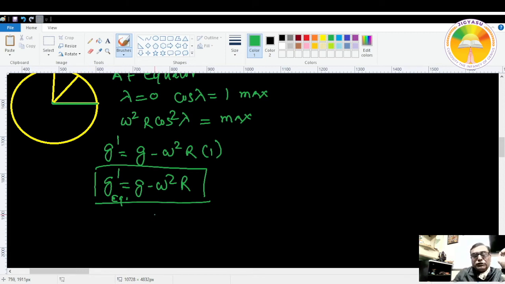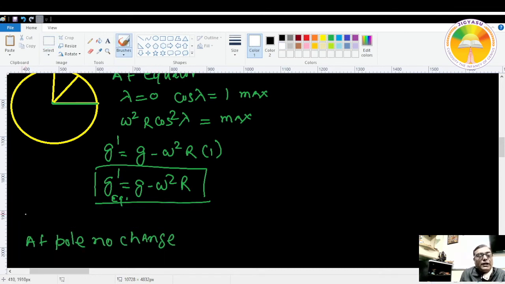Questions are generally asked based on this. If the Earth stops rotating, how will the g on the surface of the Earth vary? And they can give you at the pole or at the equator. So at the pole, there will be no change. The weight of the object will remain the same. So at the pole, no change. When? In which situation? When the Earth stops rotating.